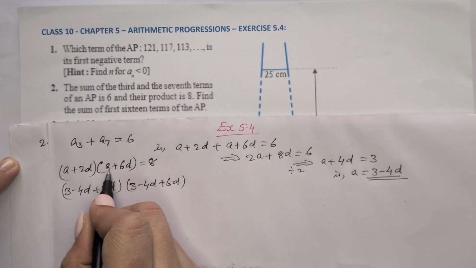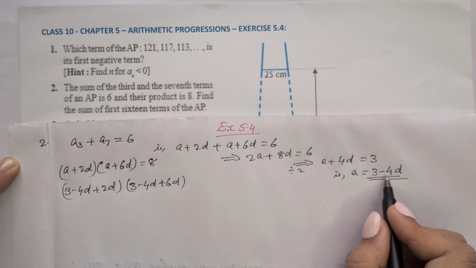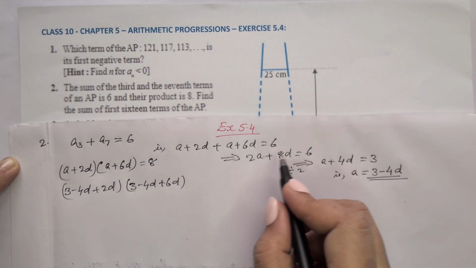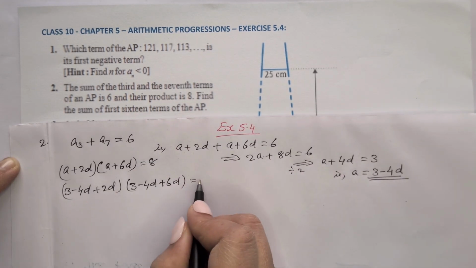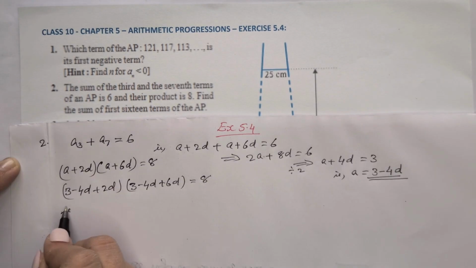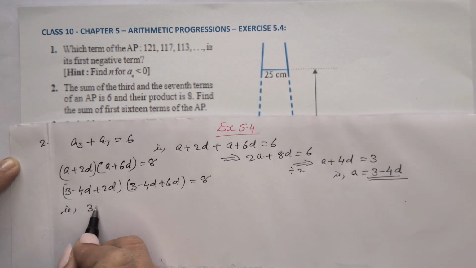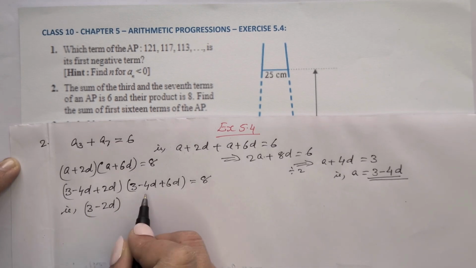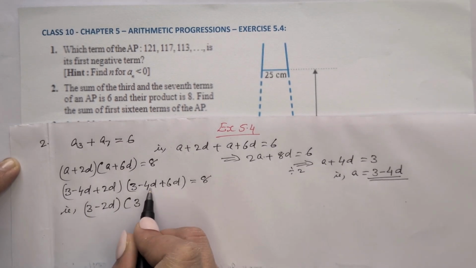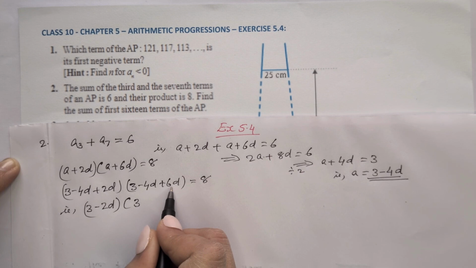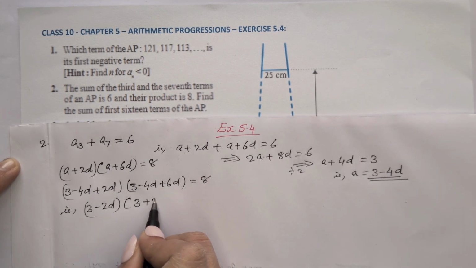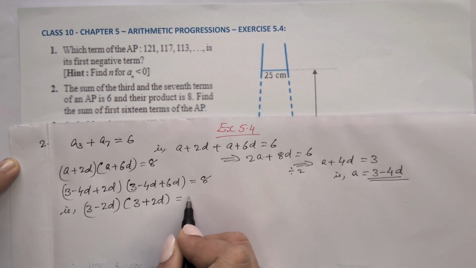We are replacing a with 3 minus 4d from the first equation, which is equal to 8. That means here 3 minus 4d plus 2d will come 3 minus 2d. Here 3 minus 4d plus 6d, it will come 3 plus 2d, which is equal to 8.